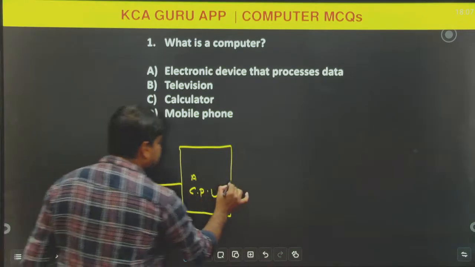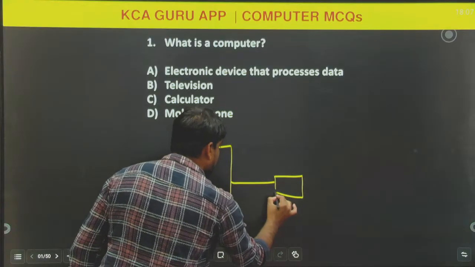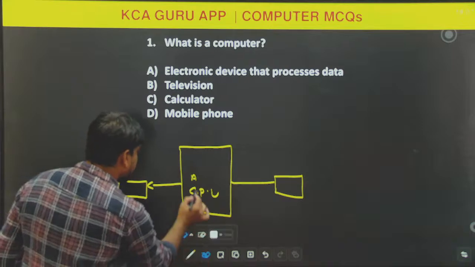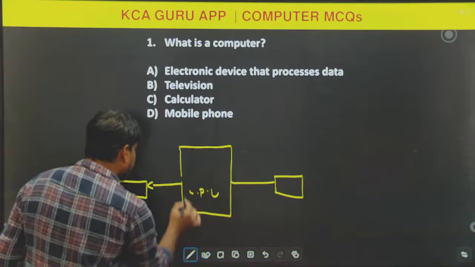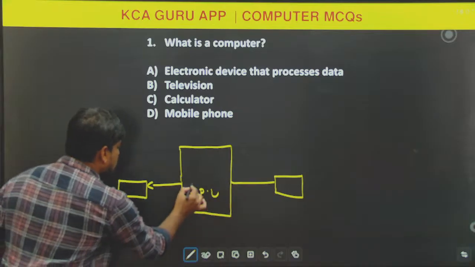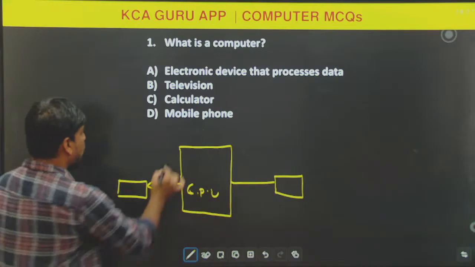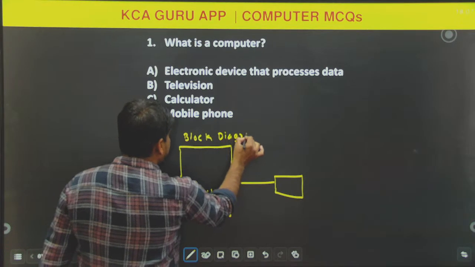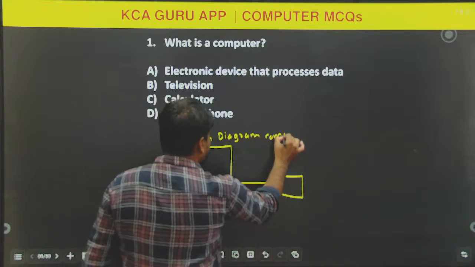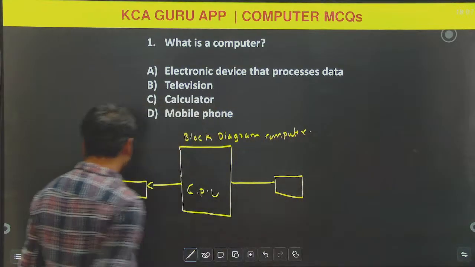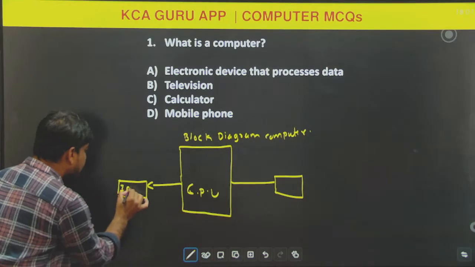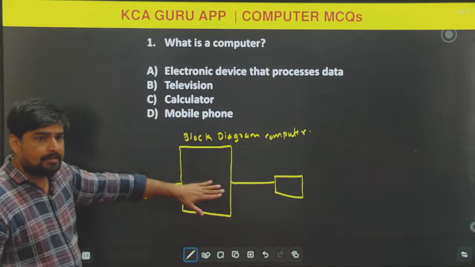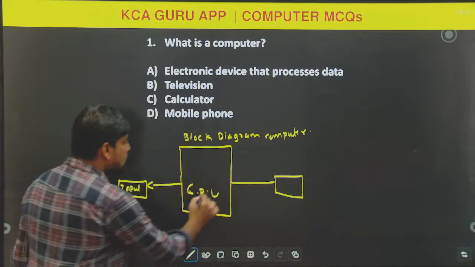This is called the output. This is a block diagram of computers. So this is called the input. This is the CPU. Many things are there, I will explain later. Then this is the output.